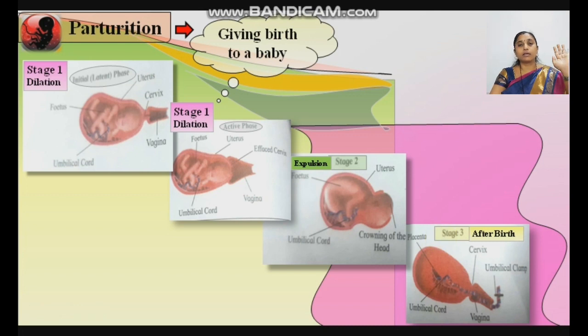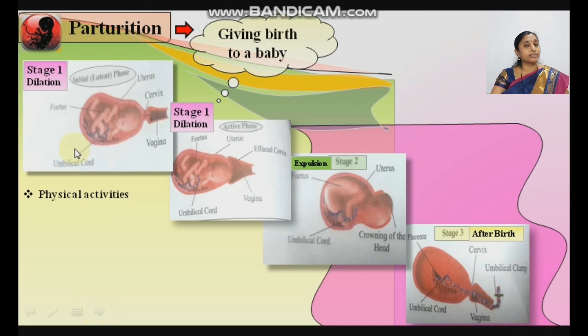No doubt the baby is born, but after birth the structures concerned with the baby are also expelled outside, and such structures are referred to as afterbirth. After birth some events also take place in the uterus of the mother, so the third stage is also essential for the study of parturition.